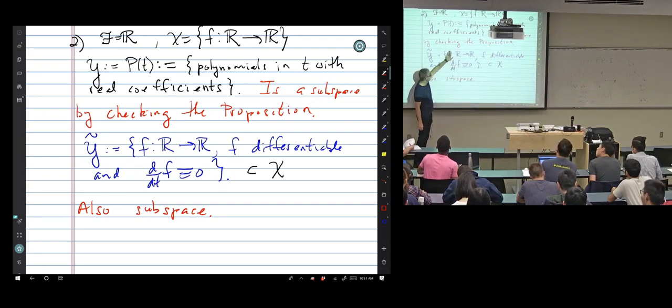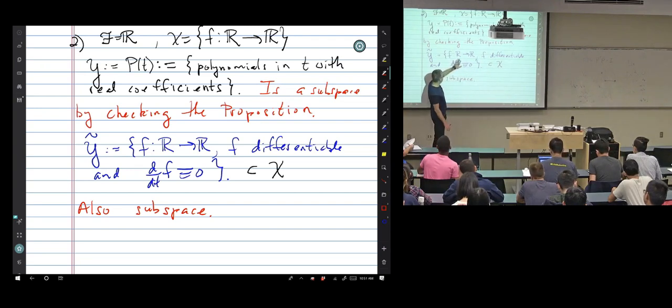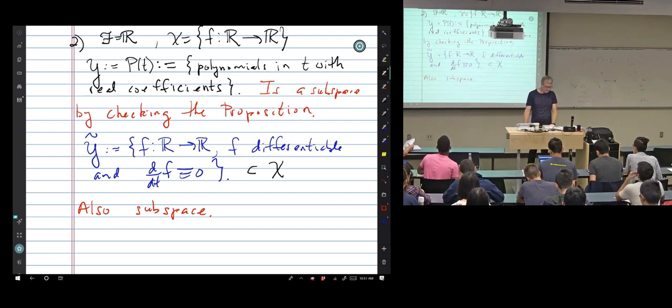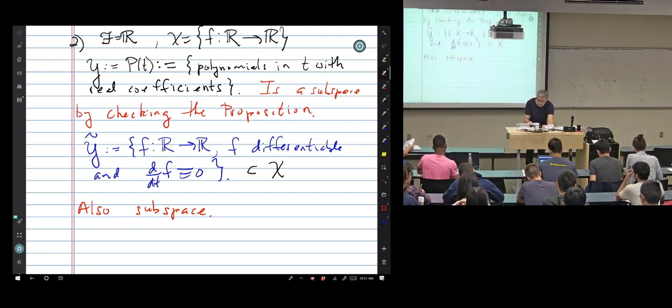If F has a zero derivative, then 3 times F has a zero derivative. This means everywhere, okay? It's the zero function. d by dt applied to F is 0. So also a subspace. So there are lots of examples like that.